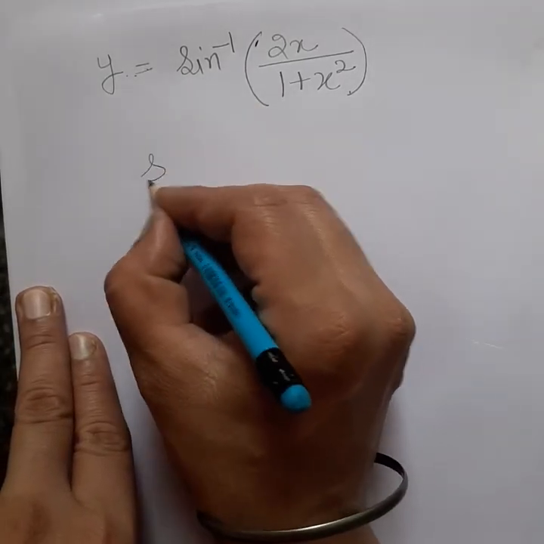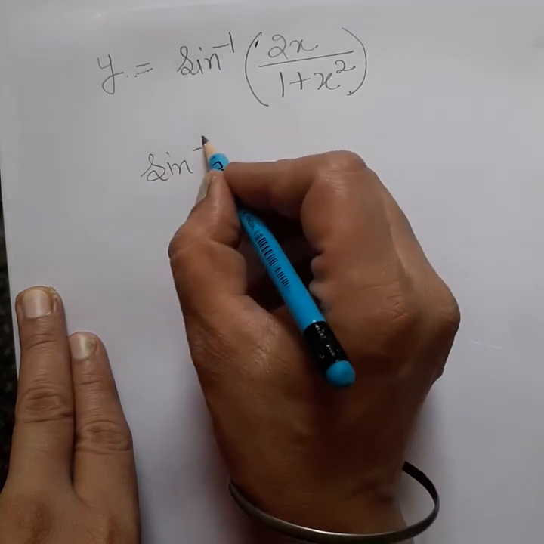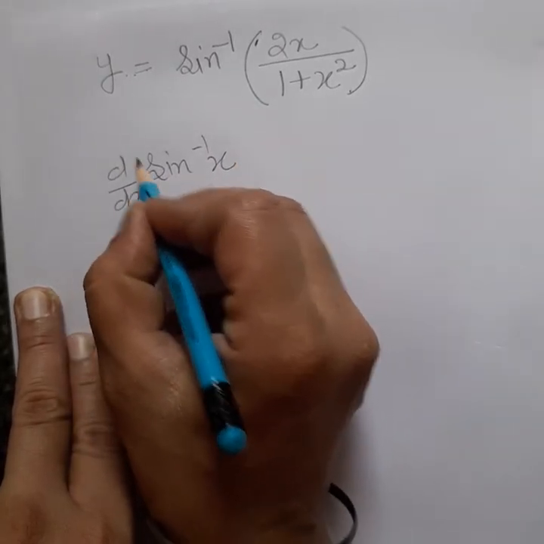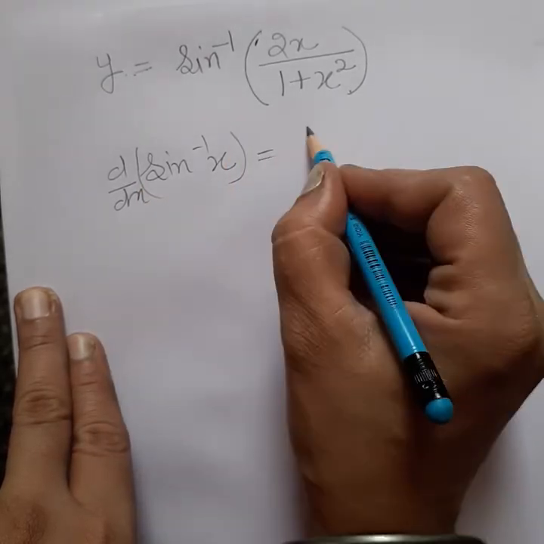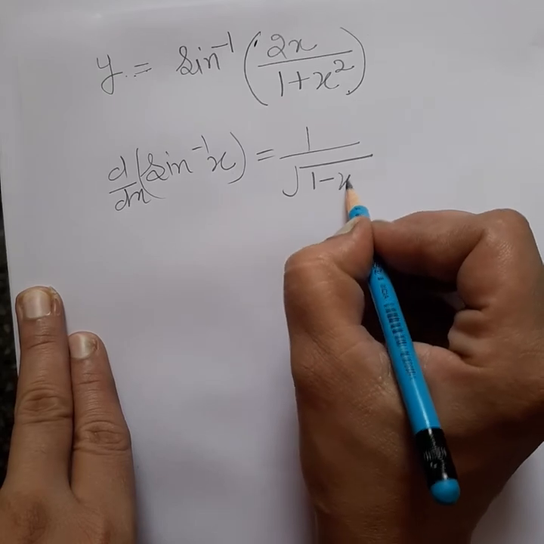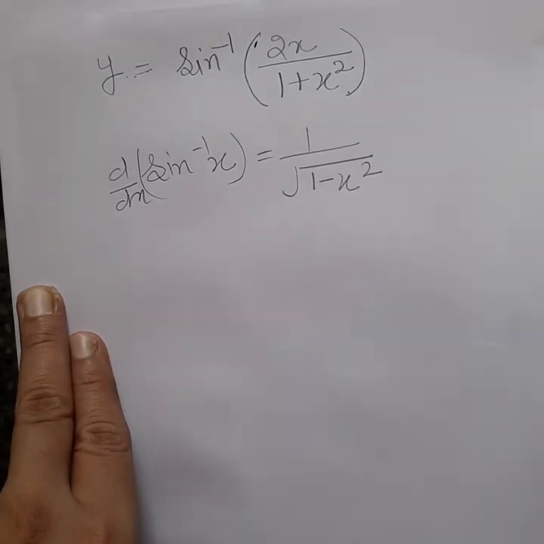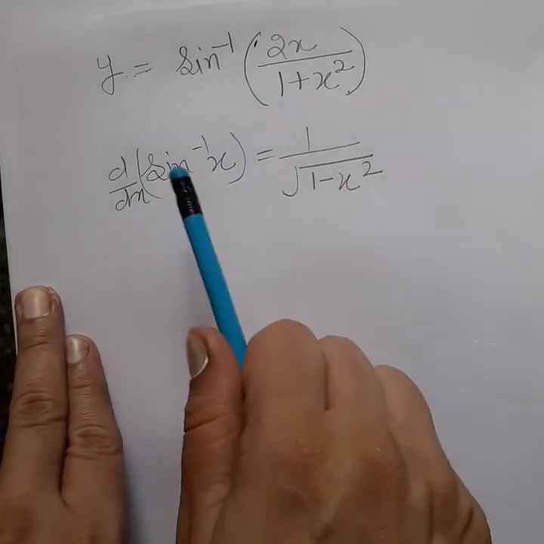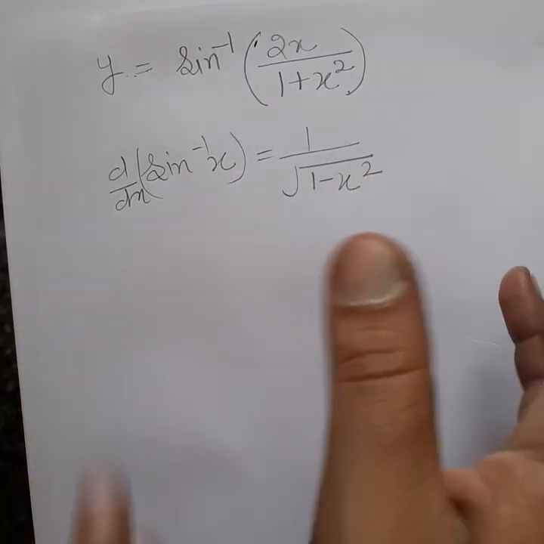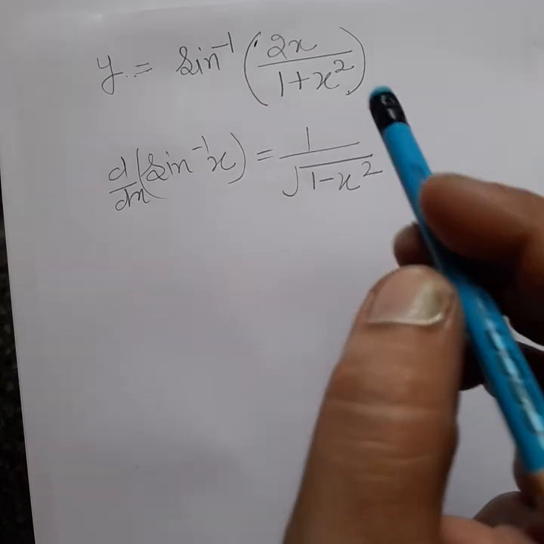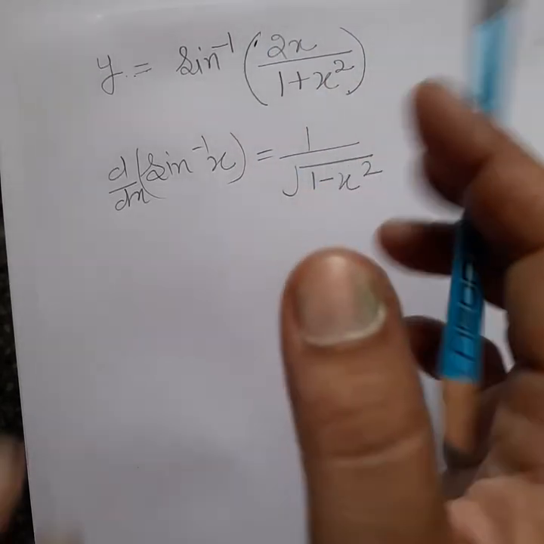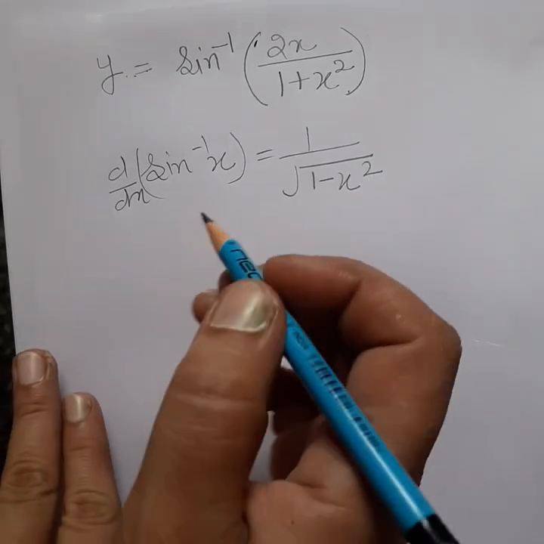Obviously, all of us know that the derivative of sine inverse x is equal to 1 over root 1 minus x square. But if we apply this formula, then our calculations become very large, and to overcome this problem we use some trigonometrical formulas.